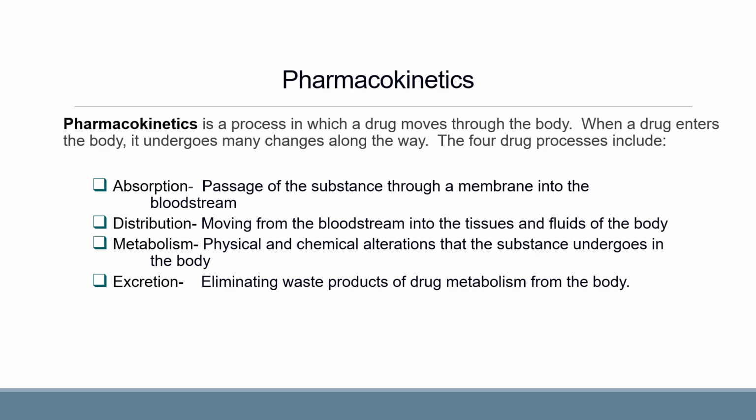Distribution, so moving from the bloodstream into the tissues and fluids of the body. Metabolism, physical and chemical alterations that the substance undergoes while in the body. And then excretion, how is it eliminated? So eliminating waste products of the drug metabolism from the body.